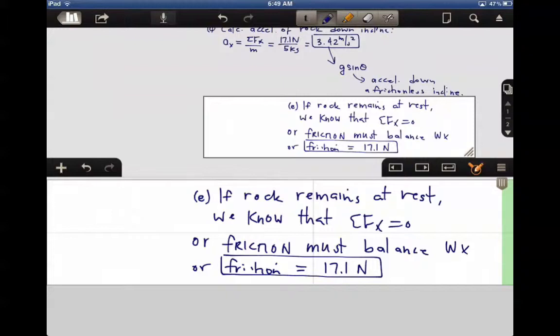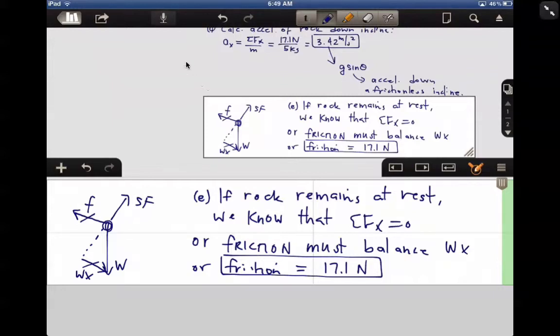Essentially what I'd be saying is, if this was my force diagram, W, support force, there would be a frictional force going up this way that equaled that value Wx. And they would cancel out and cause no net force in the x direction. This is the end of number 3 from Newton's second law of practice problems.